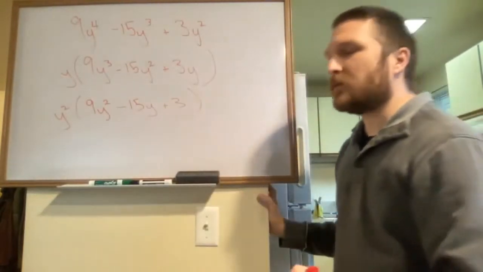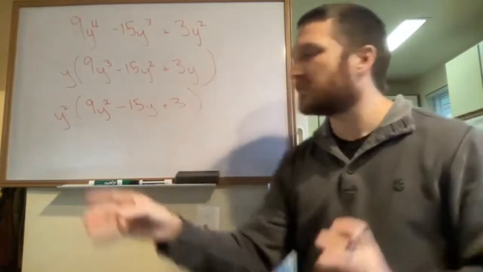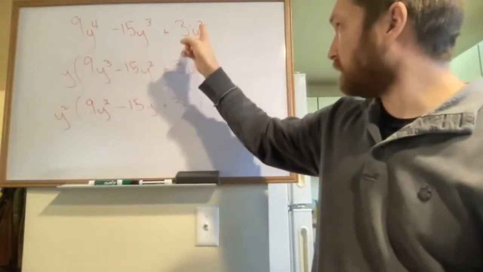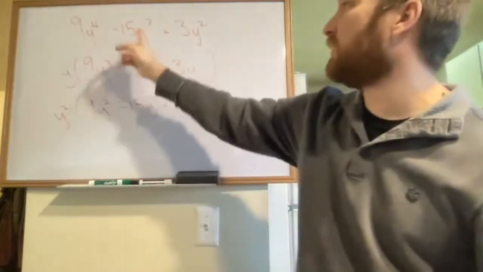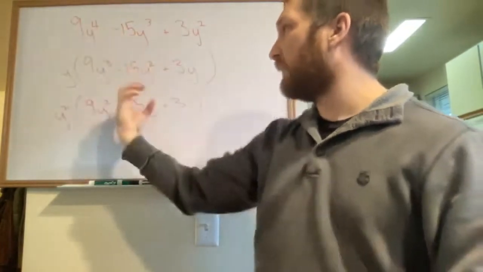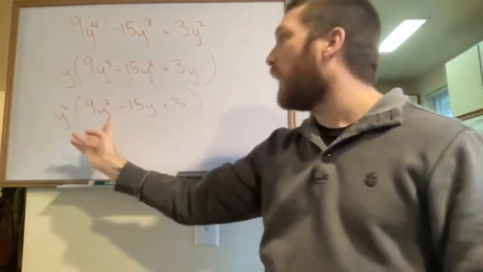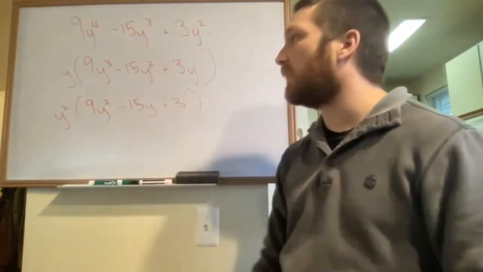And you notice I'm doing this in steps. Right now, I could have at the very beginning said, well, hold up. There's a y squared, that's bigger than y squared. If you pulled out a y squared, you'd be left with one y. That's bigger than y squared. If you pulled out a y squared, you'd be left with 2 y's. And I could just jump straight to this if I were so inclined.